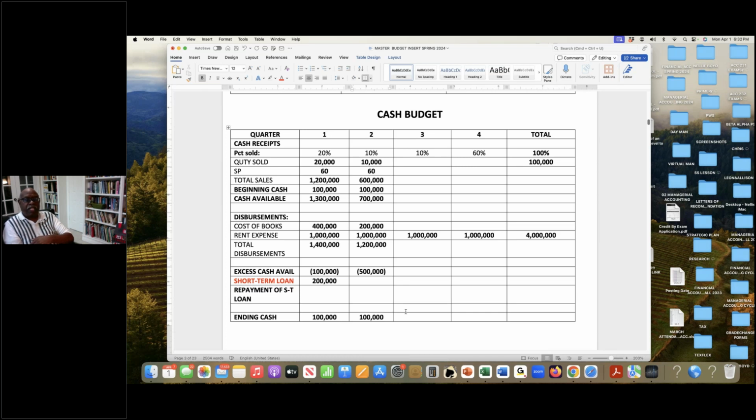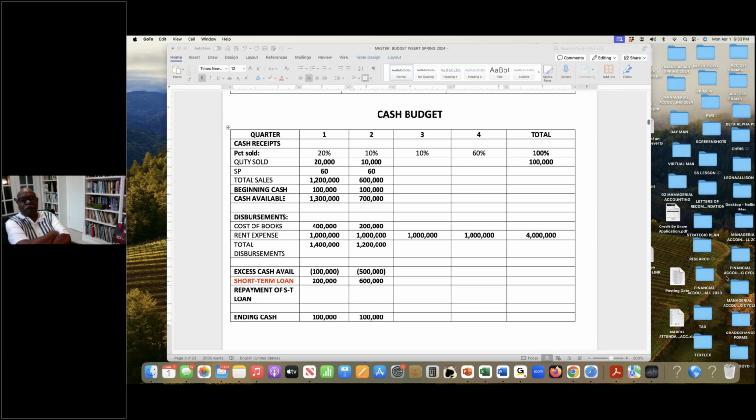Can you explain where you got the excess cash available again? We simply look at the cash available and the total disbursements and subtract what we have available from what we have to pay. So this line, 700, subtracted from this line. Got you.